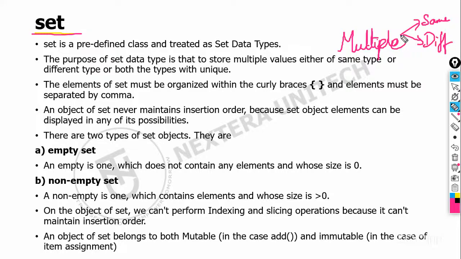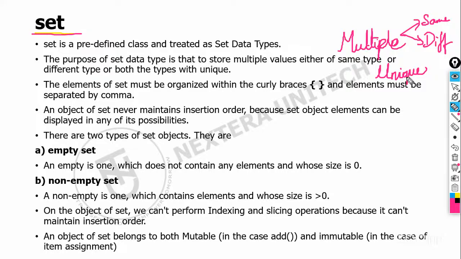But the point to be noted is that these values should be unique. They can be of the same type or different type, but the values that we store in set category data types have to be unique.